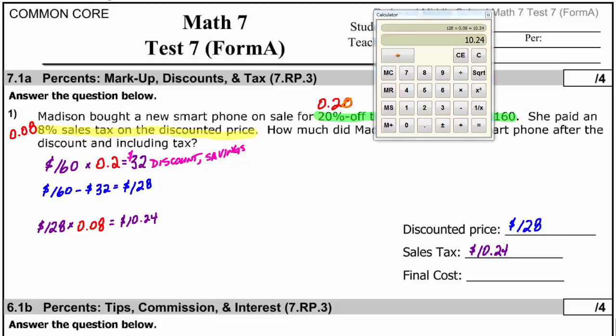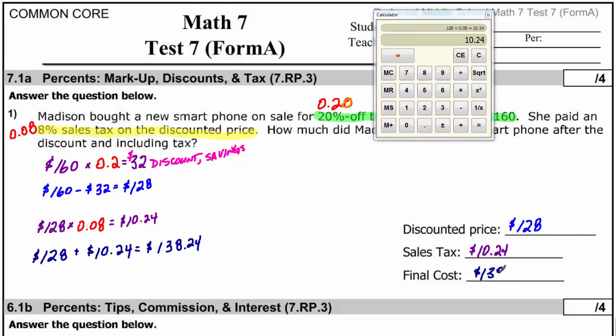Then the final step, and we know that tax gets added back in: discounts get subtracted, tax gets added. So we take our $128, we add in the tax that the phone company is collecting to give to the government, and we get $138.24. And that is our final answer.